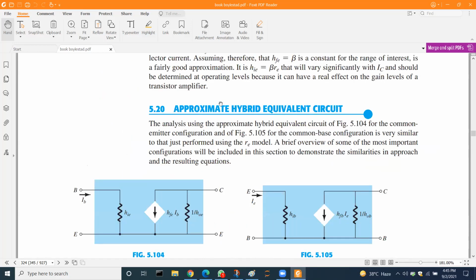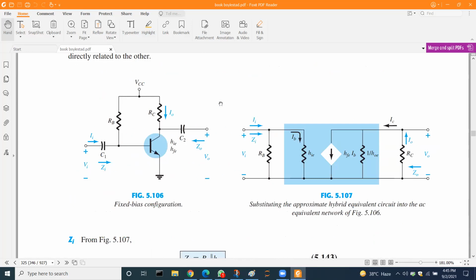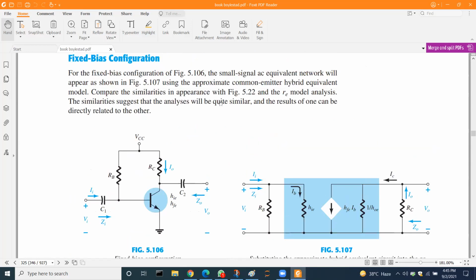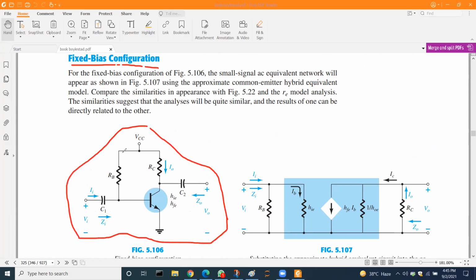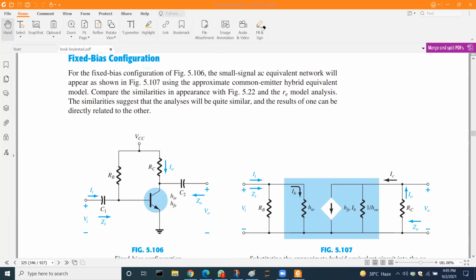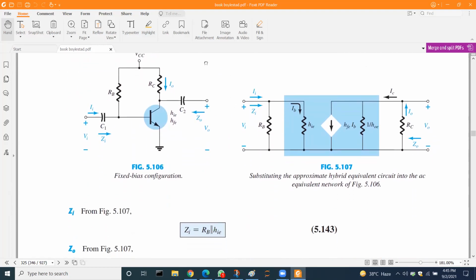We are moving towards the next example, which is related with the fixed bias. So in the fixed bias configuration, we remember this circuit, BJT analysis, AC analysis. Now we just need to replace the transistor with the equivalent circuit.